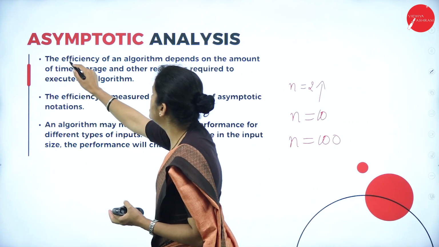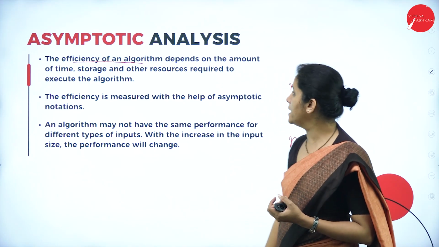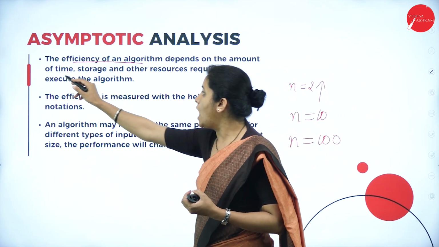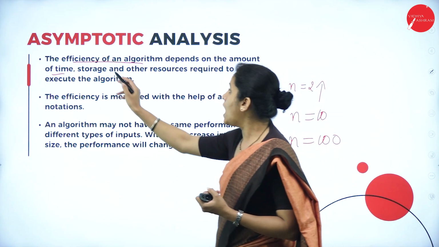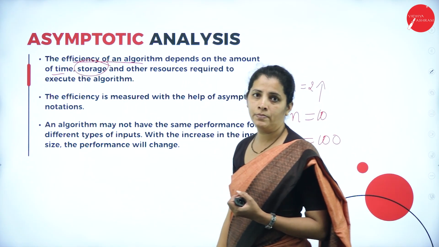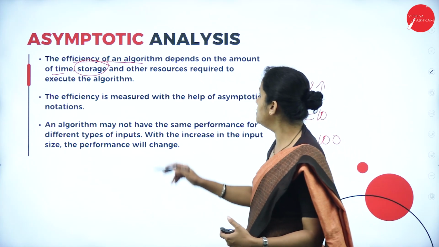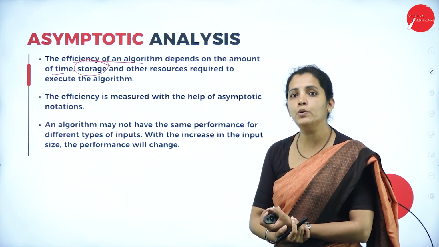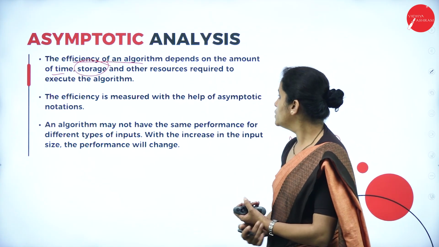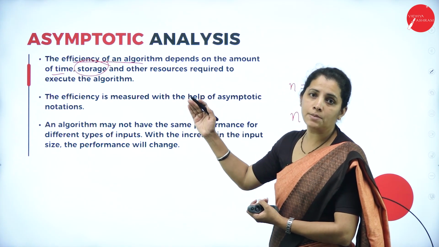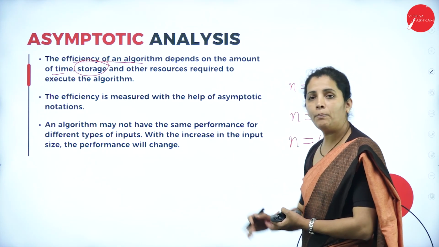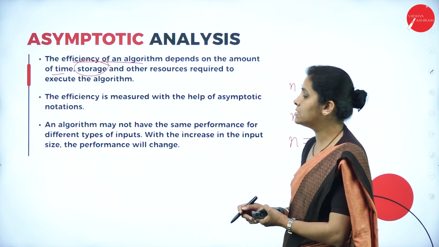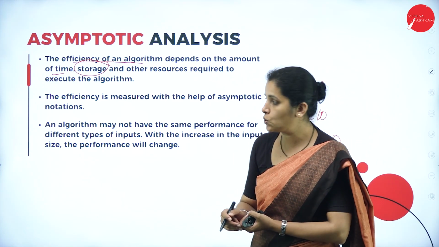So the efficiency of an algorithm mainly depends on the amount of time required by the algorithm and the storage space occupied by the algorithm as well as other computing resources. So, with the help of asymptotic notation, we are able to find the time complexity, storage complexity as well as other resources.